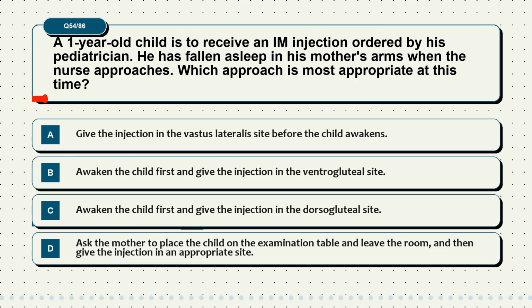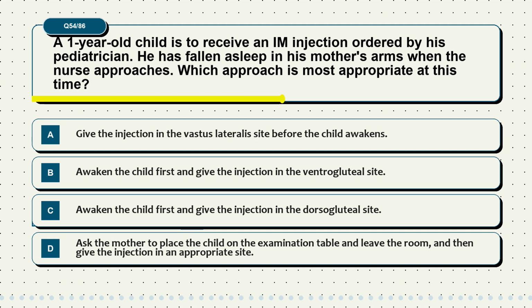Question 54. A 1-year-old child is to receive an IM injection ordered by his pediatrician. He has fallen asleep in his mother's arms when the nurse approaches. Which approach is most appropriate at this time? Here are the options. Option A. Give the injection in the vastus lateralis site before the child awakens.